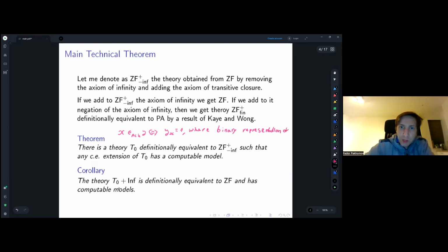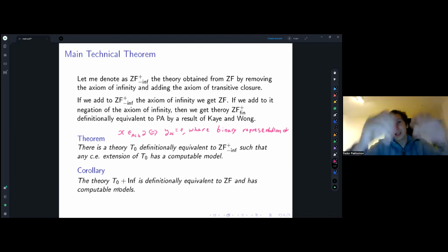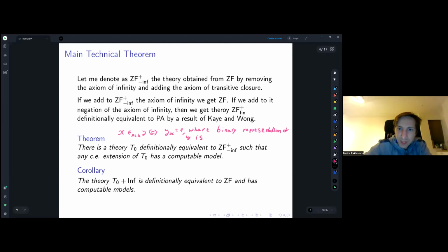Basically we're writing the number y in binary, and then you're looking at the x-th bit of y. If it's 1, then x is an element of y, and if it's not 1, then x is not an element of y.